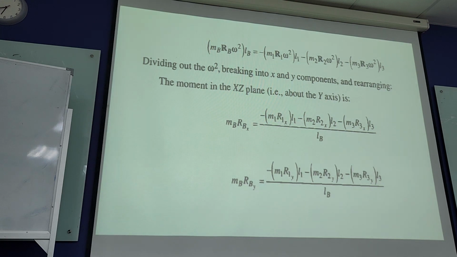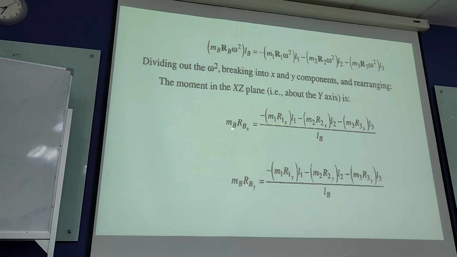We take reference to plane A, so we make the moments with respect to plane A 0, then you can calculate the moments due to plane B. This is the force, and LB is the horizontal distance from plane A to plane B. So this is the moment due to mass 1, moment due to mass 2, moment due to mass 3.